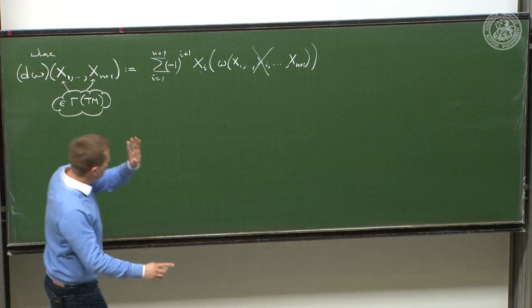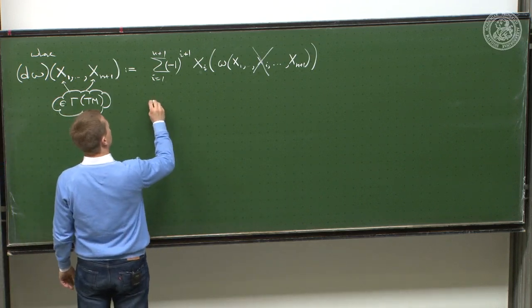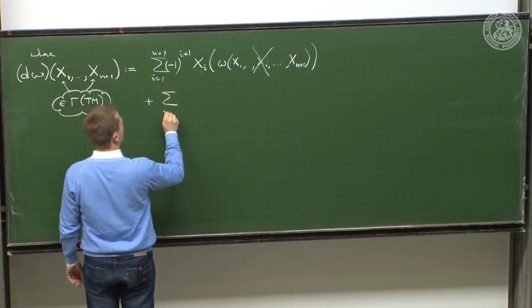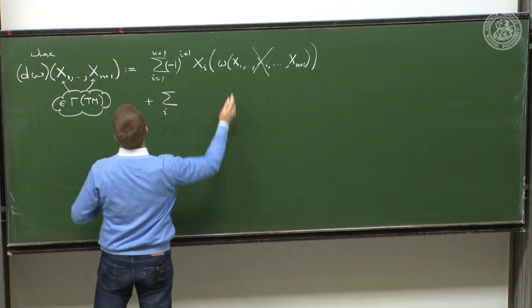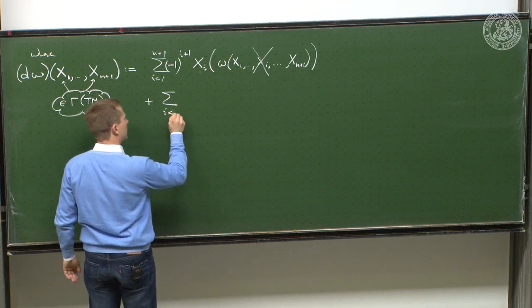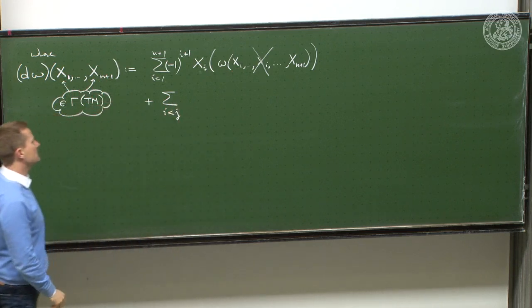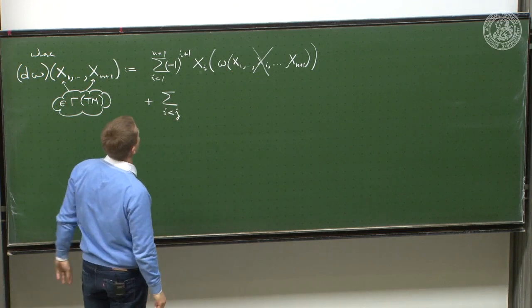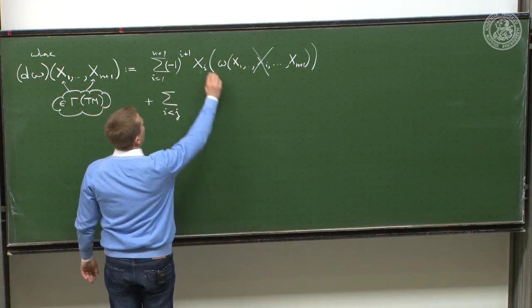That's not all of it. Then there is a plus, and now there is a term that goes over pairs. Here I took individual every one, but now I take all the ordered pairs. So I take i less than j, but both of them will run from 1 to n plus 1.